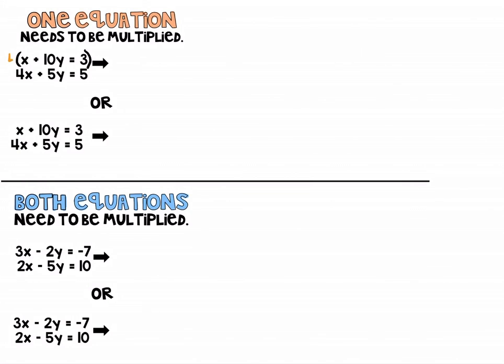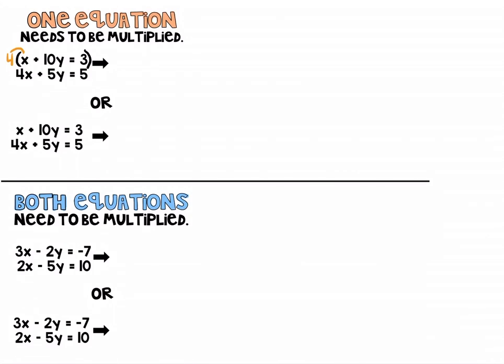Now, when I do that, I have to multiply every single term by 4. If I don't do that, I have messed up the entire thing. So when you're doing this, you have to pay attention.